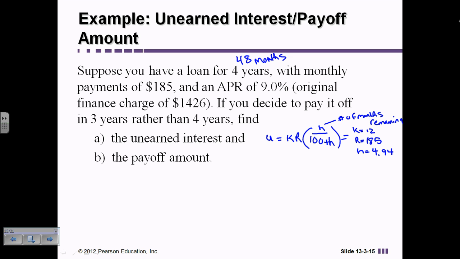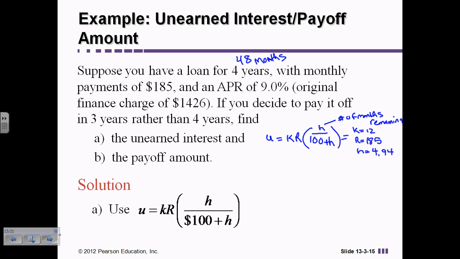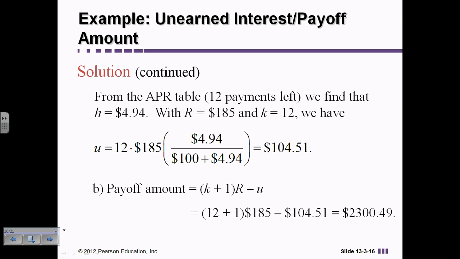When we plug all that information into our formula, H is 4.94, R is 185, K is 12. When we do that calculation, we get $104.51.